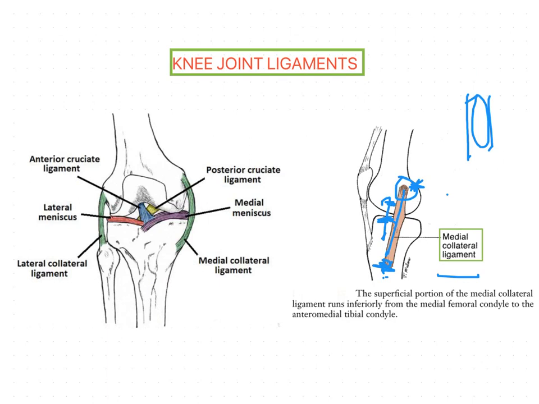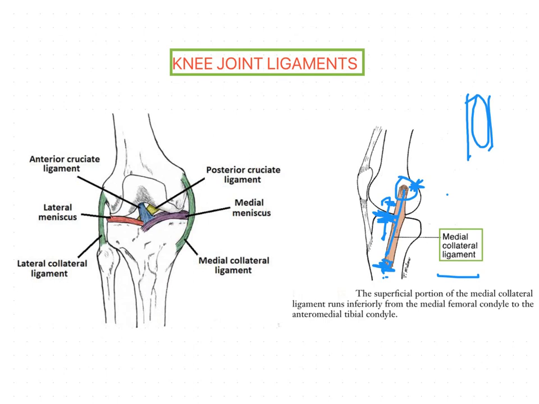If you see this deep portion, throughout its course it is rigidly fixed to the medial border of the medial meniscus. It attaches to the medial border of the medial meniscus, and that too very rigidly.